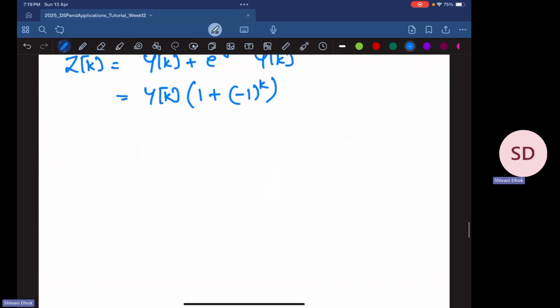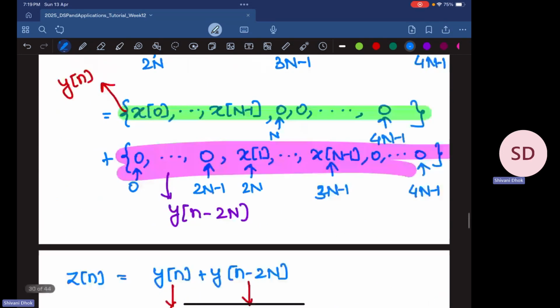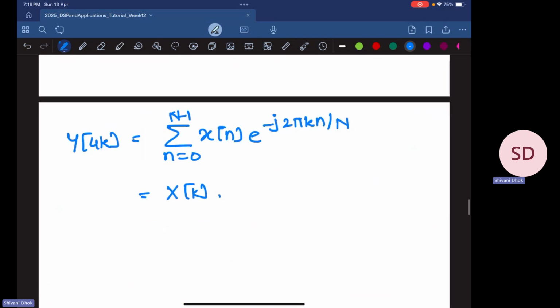So z of 4k is y of 4k into 1 plus minus 1 to the power 4k. Now 4k will always be an even quantity, and minus 1 to the power any even quantity is 1. So this comes out to be y of 4k into 2. Now remember, in the previous question we had found out y of 4k, and we had seen that this y of 4k is equal to x of k.